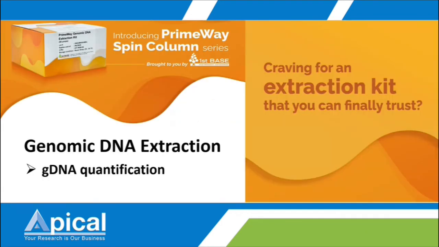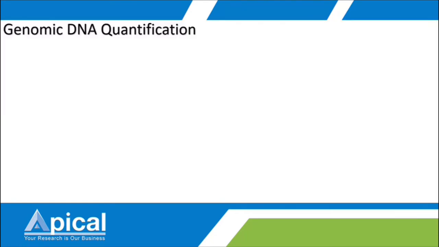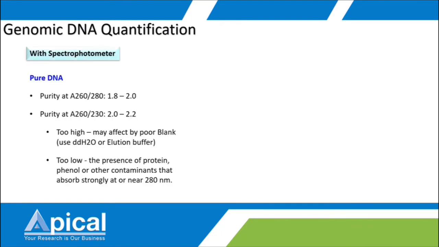Okay, so now you have completed your gDNA extraction. What should you do? Usually there are two methods. First is to check with a nanodrop or spectrophotometer. Pure DNA should give you an absorbance ratio of 260/280 around 1.8 to 2, while the ratio for 260/230 is around 2.0 to 2.2.